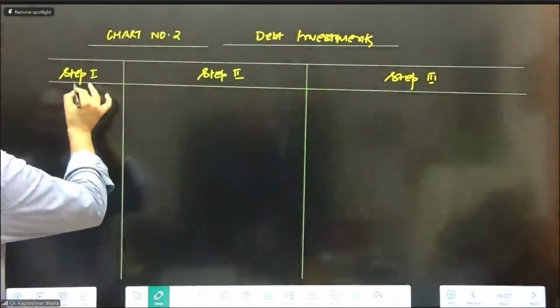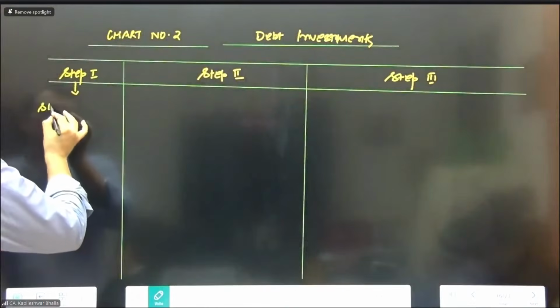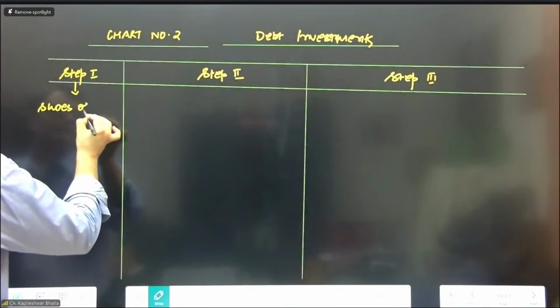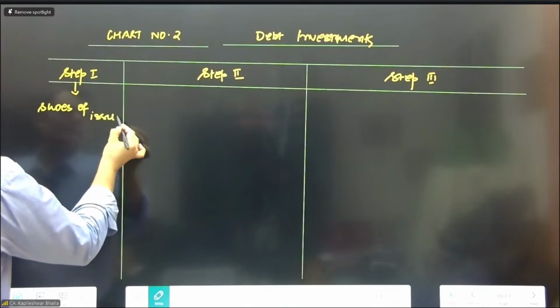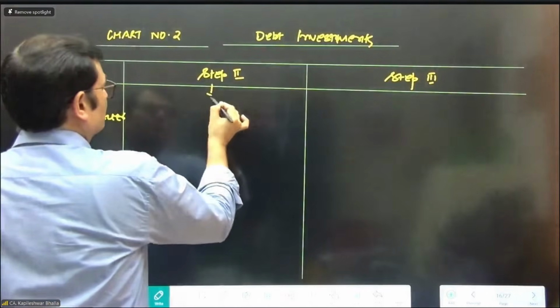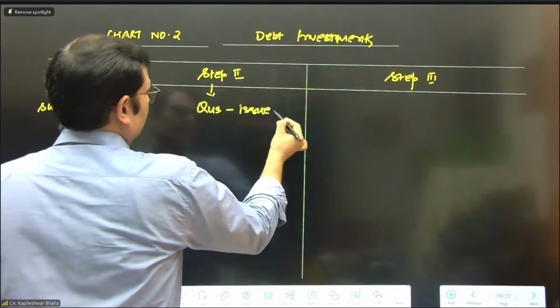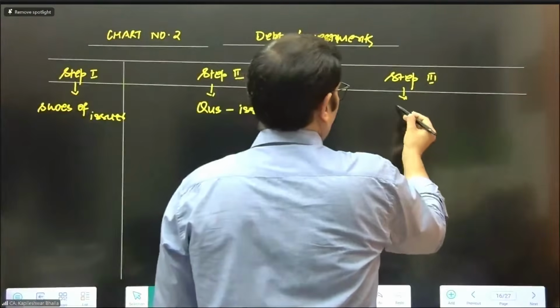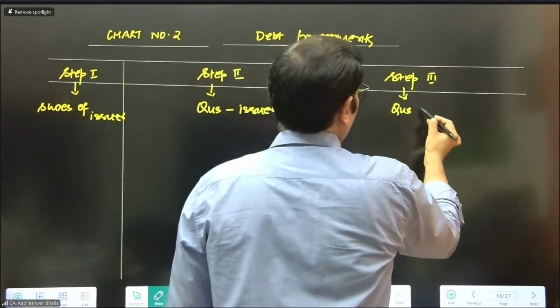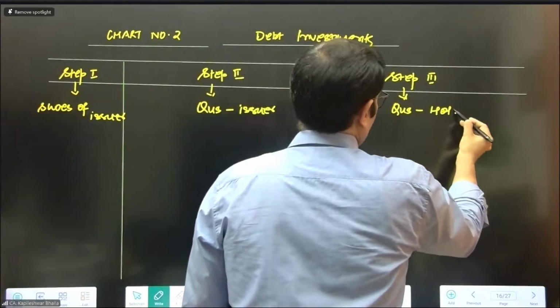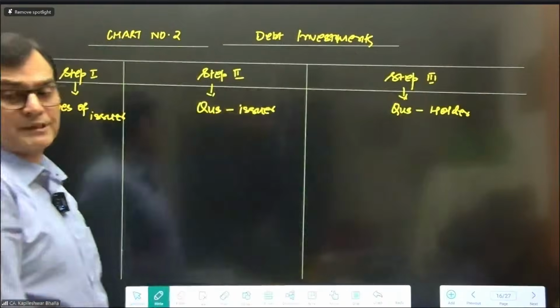Step one, of course, is that you step into the shoes of the issuer. That remains the same. In step number two, you put a question to the issuer. And in step number three, you put a question to the holder for an understanding perspective.